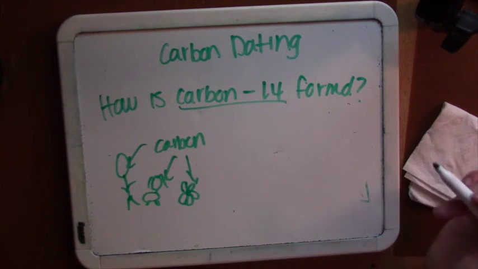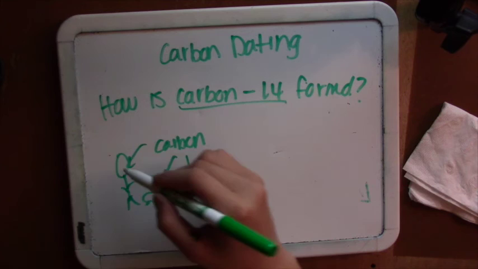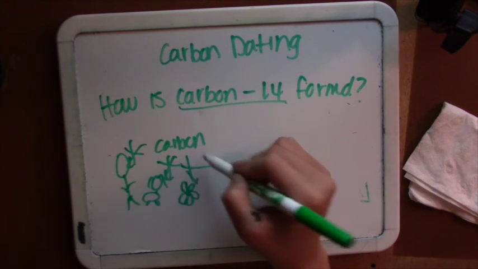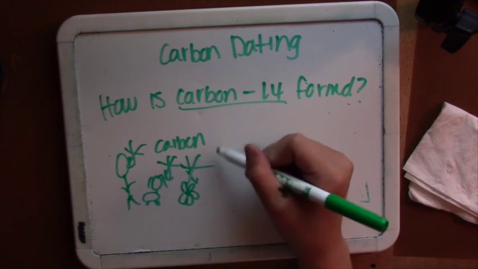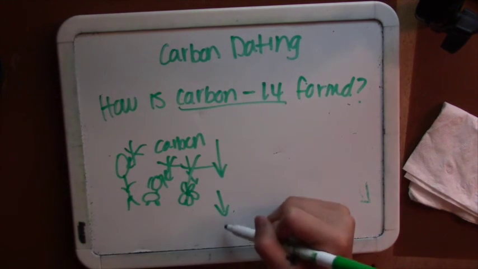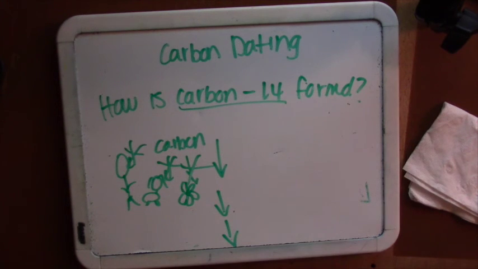So when a living thing dies, it stops taking carbon from its environment, and the amount of carbon-14 in it will start to drastically decrease as the carbon-14 slowly decays. The further back in time that something died, the less carbon-14 that would be present in it today.